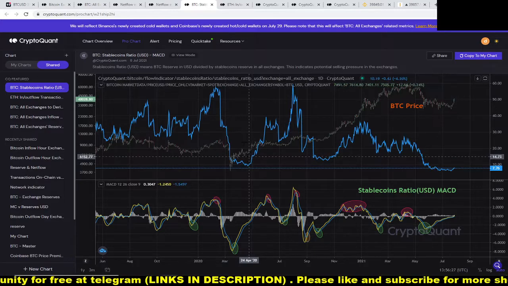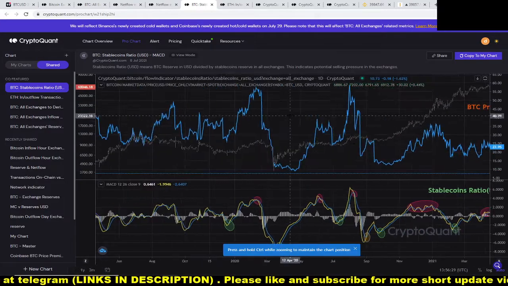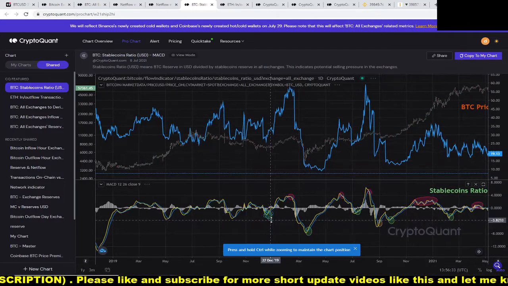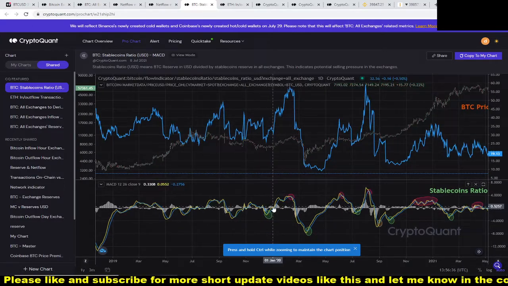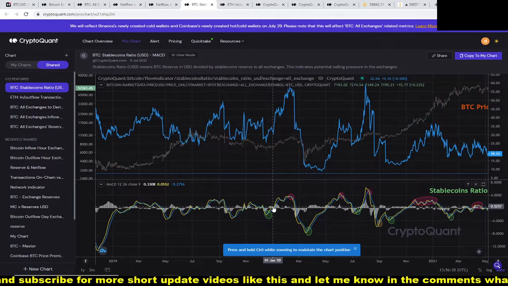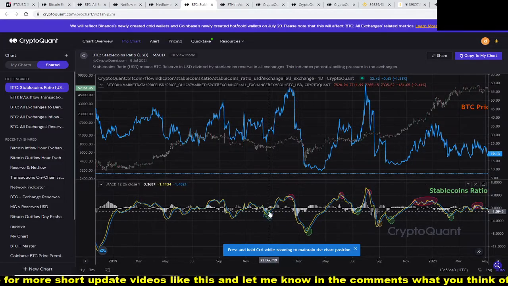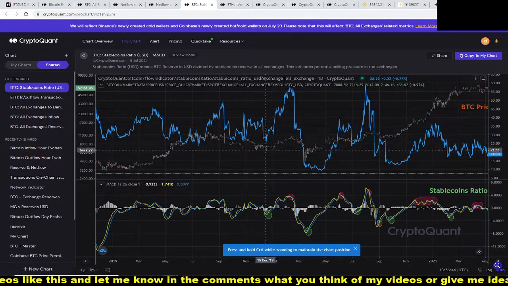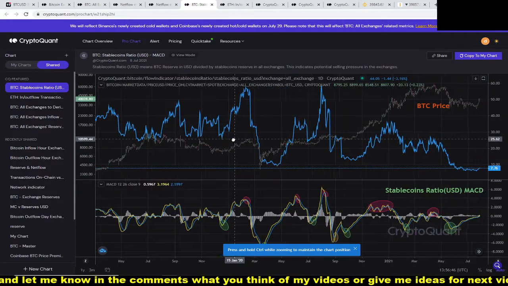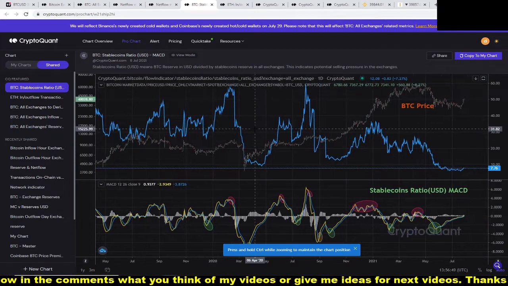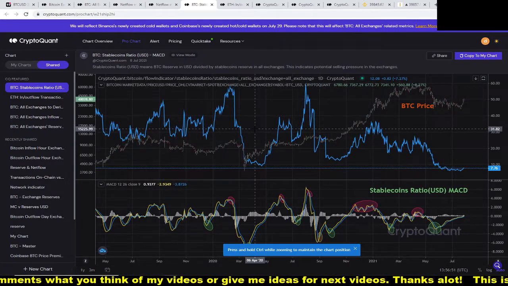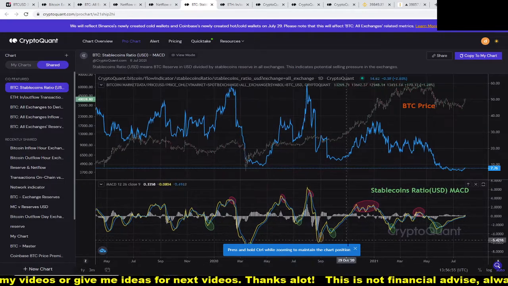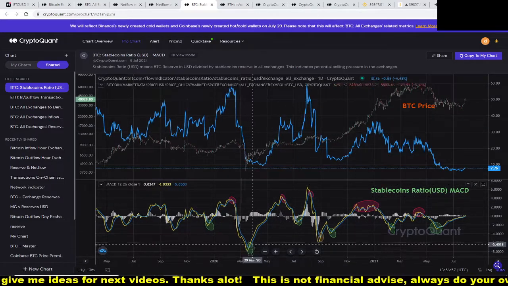And that means that stable coins are being put onto exchanges. So whenever there are lots of stable coins put onto exchanges, you know that the price is going to rise, because no one is going to not buy something if you are putting your money onto exchanges, right? So this is also a pretty good measure.